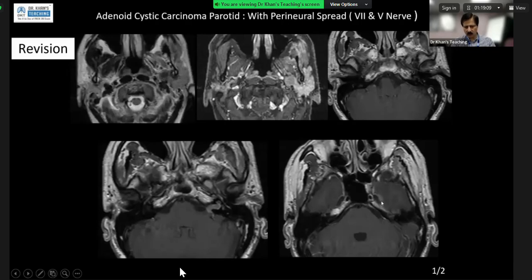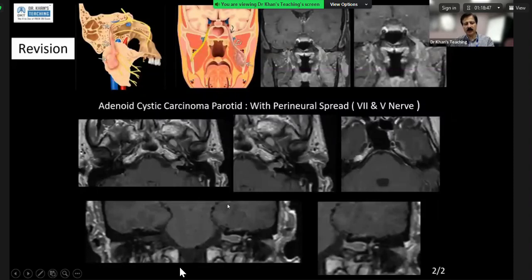Now, if you look carefully, you can see a bit of enhancement here. This is the Meckel cave. And then you can see this enhancement all the way going into the internal auditory canal. If you look carefully, you can see this enhancement of the tympanic portion of the facial nerve. So perineural spread.